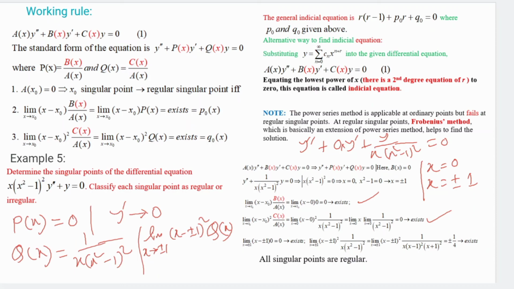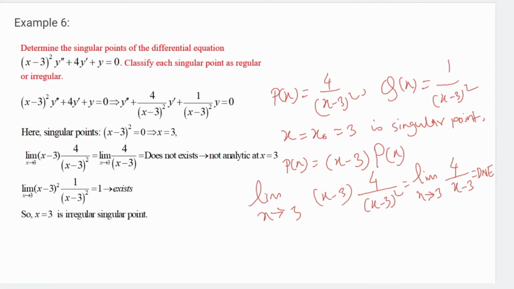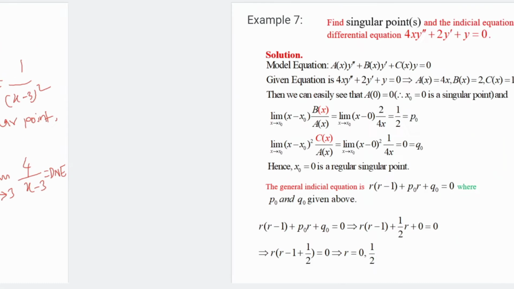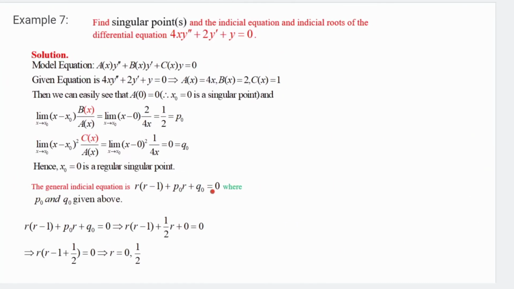So we go back to our example 6. We already discussed example 6. Now we discuss example 7 here. You can see this problem; the question asks to find the singular points, the indicial equation, and the indicial roots. So what are the singular points? When we write this equation in standard form, we get y double prime plus 2 by 4x y prime plus y equal to 0.